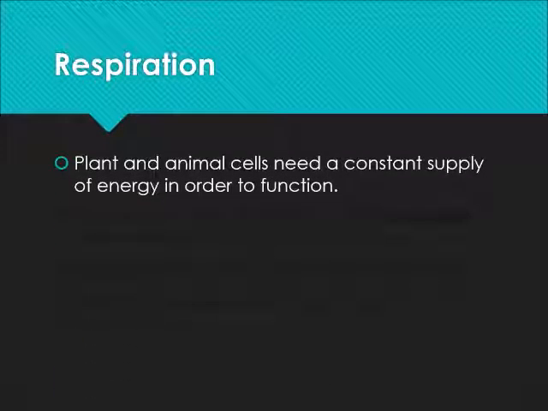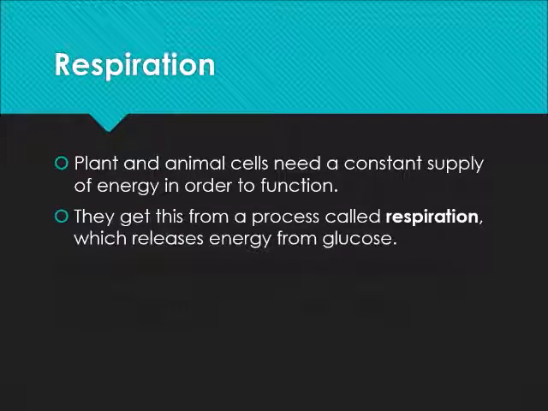Now, respiration is the other main reaction that supports life. And both plants and animals need a constant supply of energy in order to be able to function and live. And they get this from a process called respiration, which releases energy from glucose.